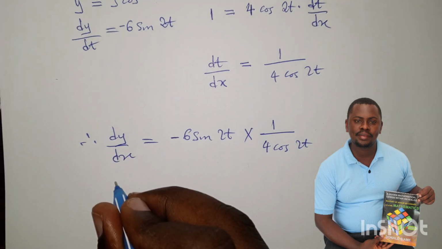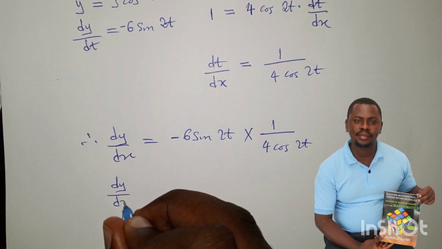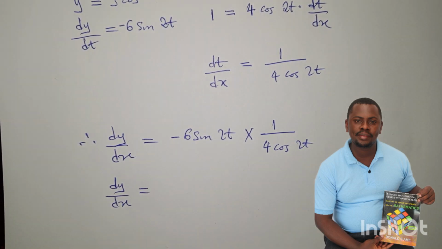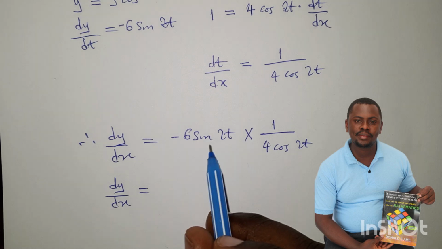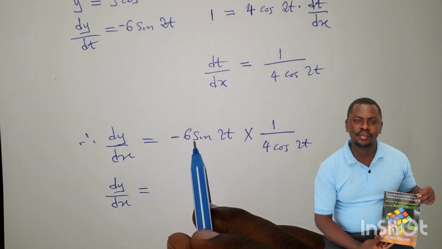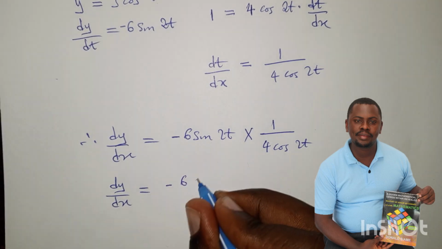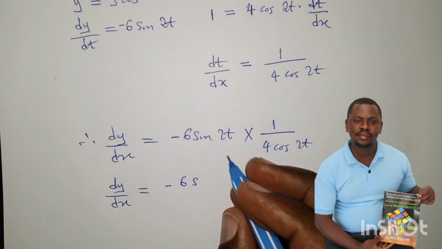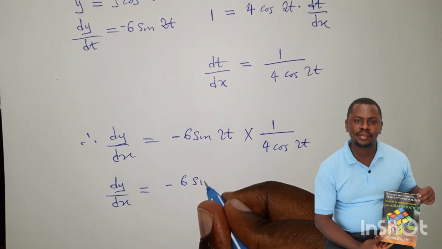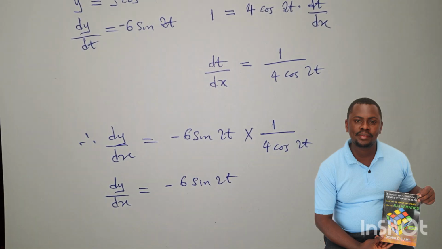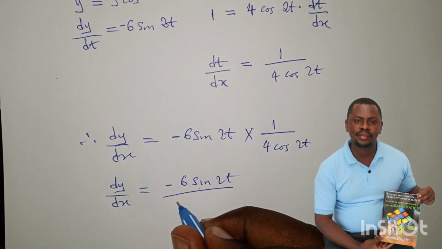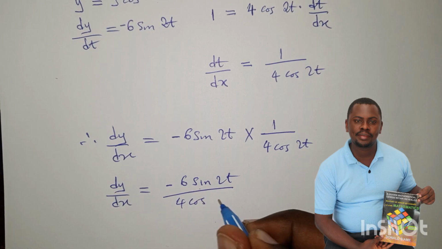Then dy/dx is equal to minus 6 sin 2t times 1, that is minus 6 sin 2t, over 4 cos 2t.